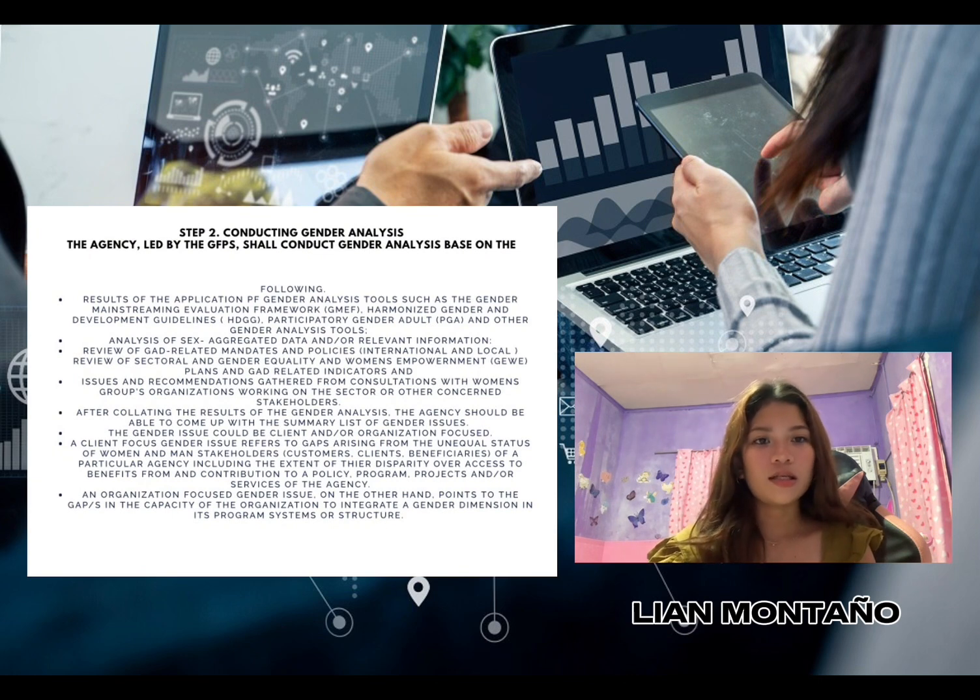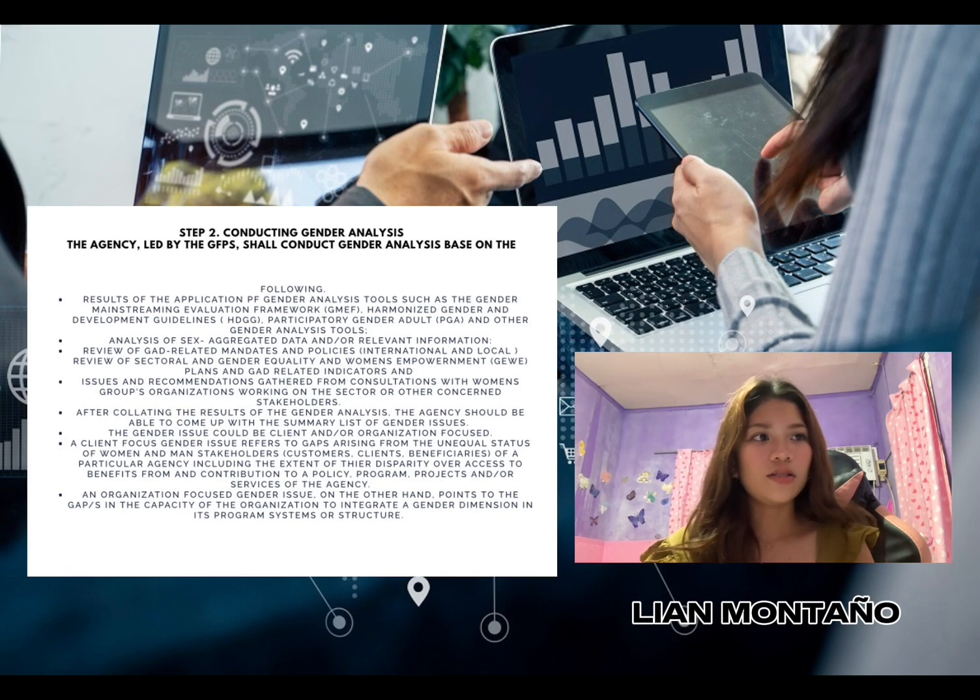Conducting gender analysis. The agency led by the GFPS shall conduct gender analysis based on the following. The results of the application of gender analysis tools such as the Gender Mainstreaming Evaluation Framework or GMEF, Harmonized Gender and Development Guidelines or HGDG, Participatory Gender Audit or PGA, and other gender analysis tools.